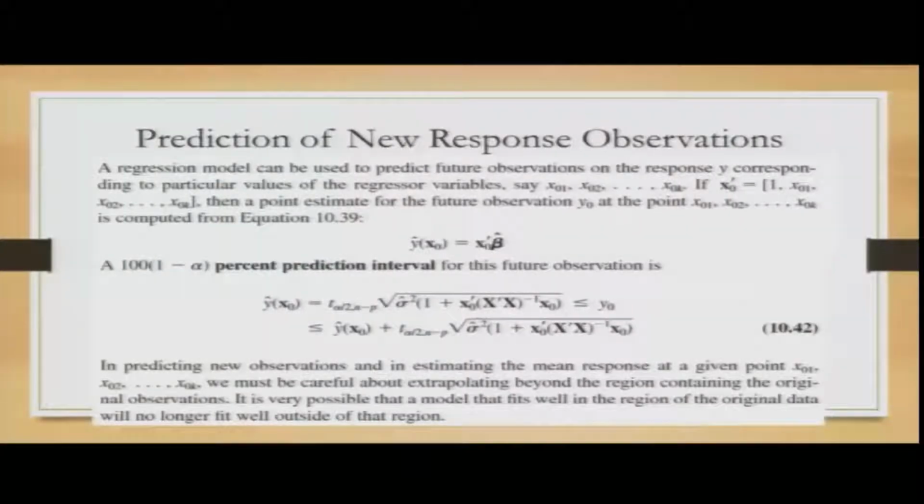It is very possible that a model that fits well in the region of the original data will no longer fit well outside the region, because of changes in the trend, in the seasonality, or, for example, in the pressure, viscosity, flow rate, temperature and humidity, and so on.